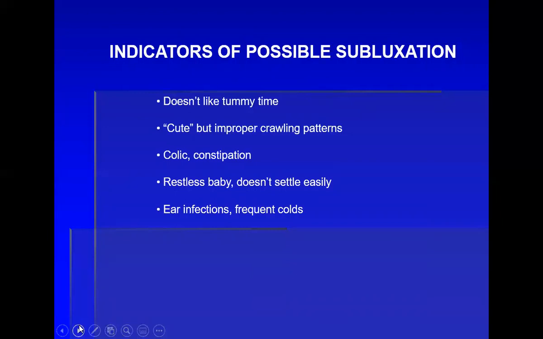The same thing with chronic ear infections or chronic colds or respiratory issues. Very often, ear infections are because of not proper drainage of the ear canal. The ear canal drains because the angle of it goes downward.